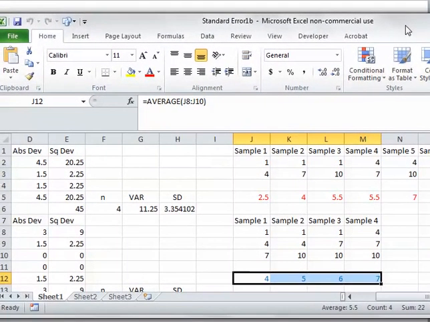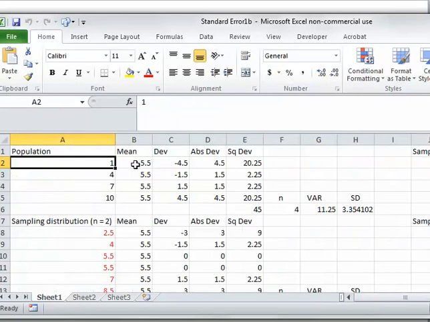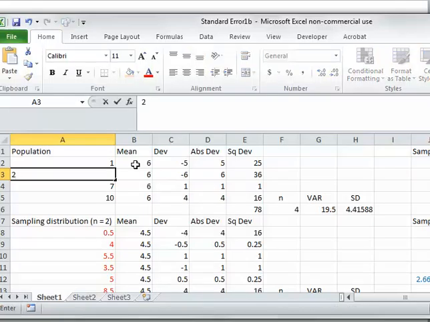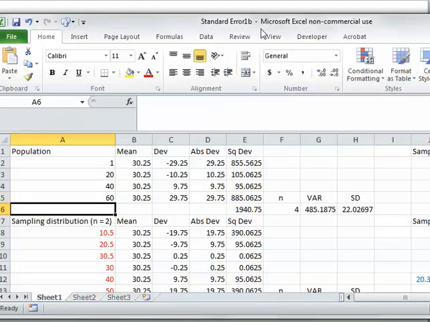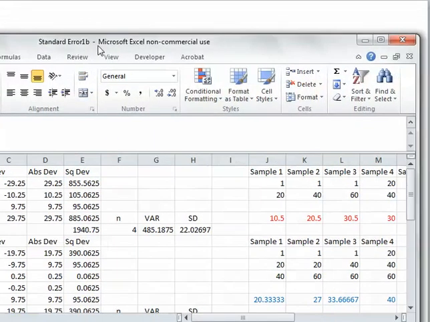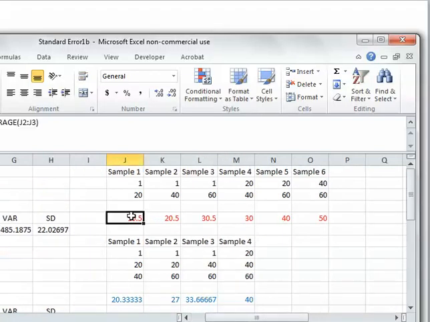If I change the population members over here to become 1, 20, 40, and 60, these numbers will be more spread out than they used to be.